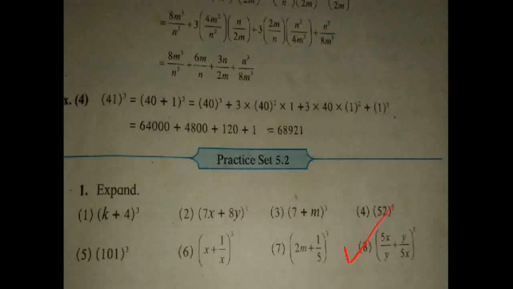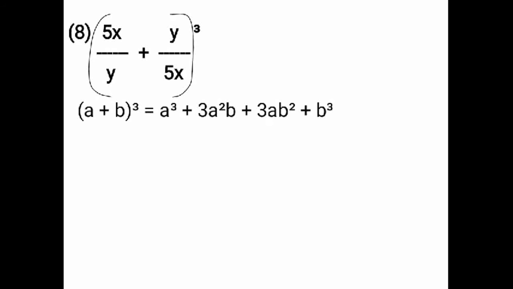Last one is 5x upon y plus y upon 5x the whole cube. A plus b the whole cube is equal to a cube plus 3a square b plus 3ab square plus b cube.